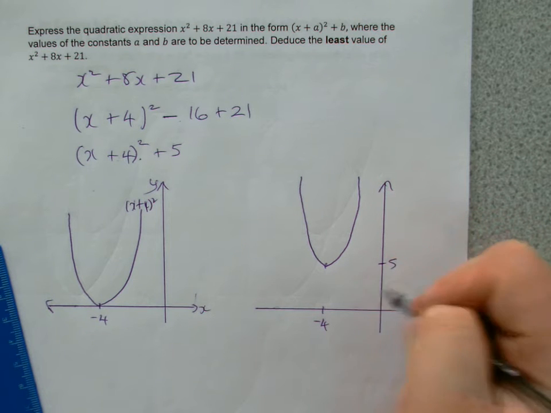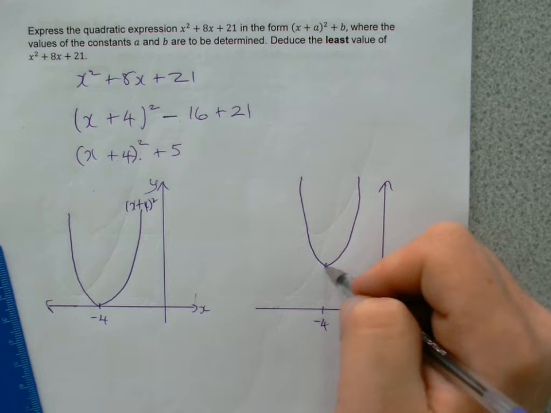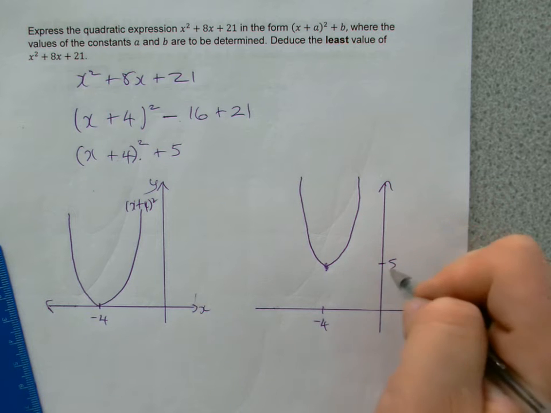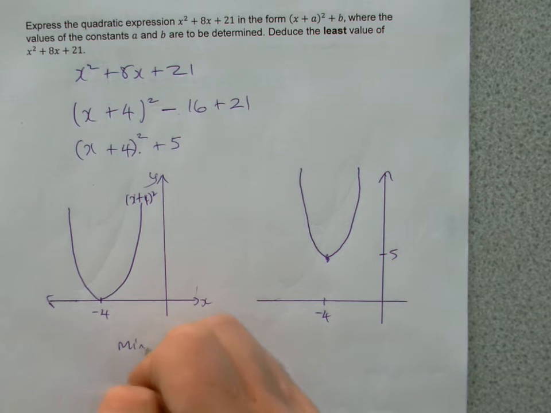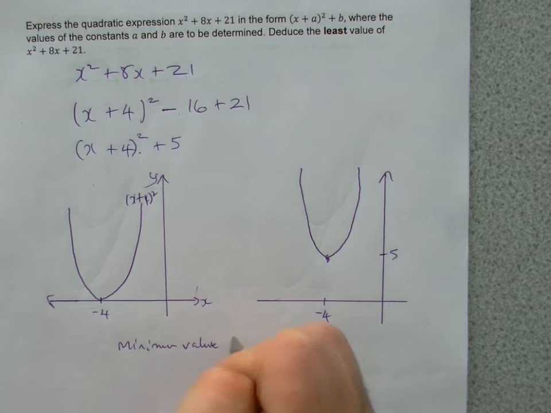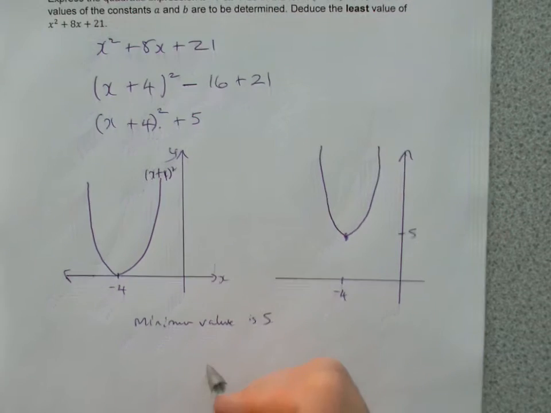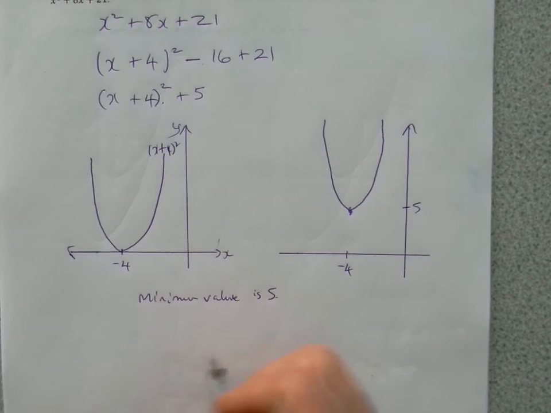You can see now your minimum, of course, is there. That's your minimum. The minimum value is 5, so we could say minimum value is 5.